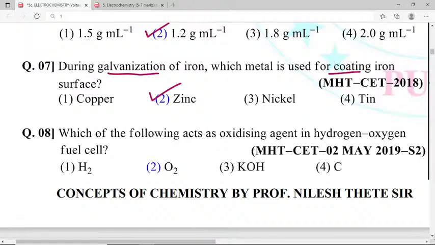Which of the following acts as the oxidizing agent in an H2O2 fuel cell?